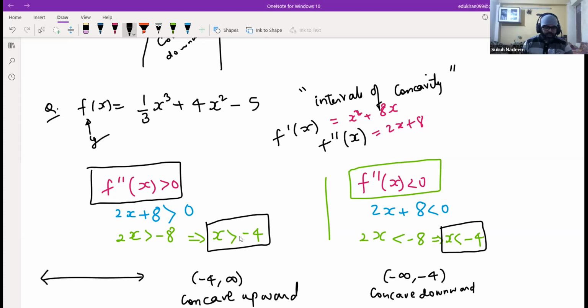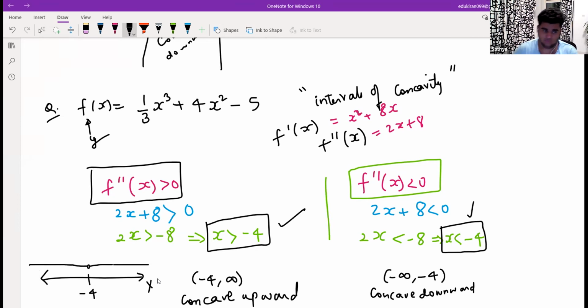So for x greater than minus 4, how will you write this? You will say that it is minus 4 to infinity. This rightmost region is infinity. And x less than minus 4, you will say that it is minus infinity to minus 4, the leftmost region being minus infinity.